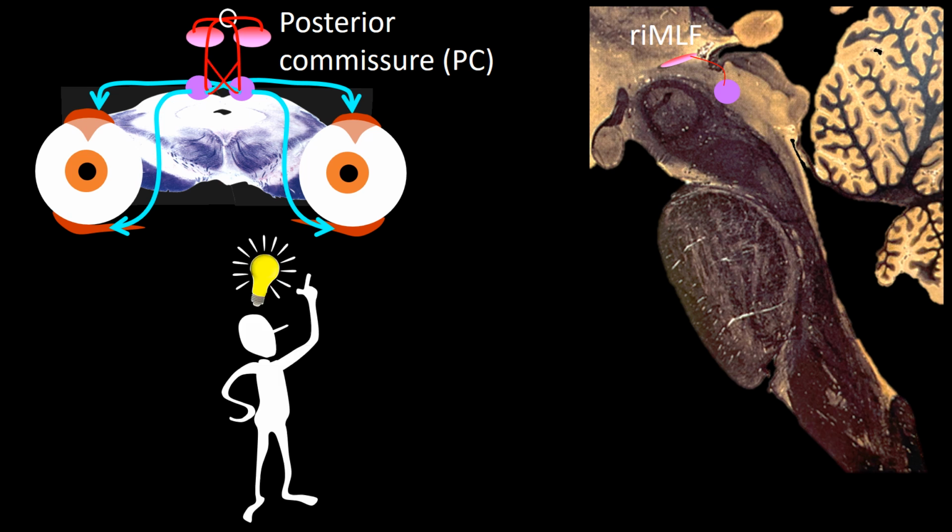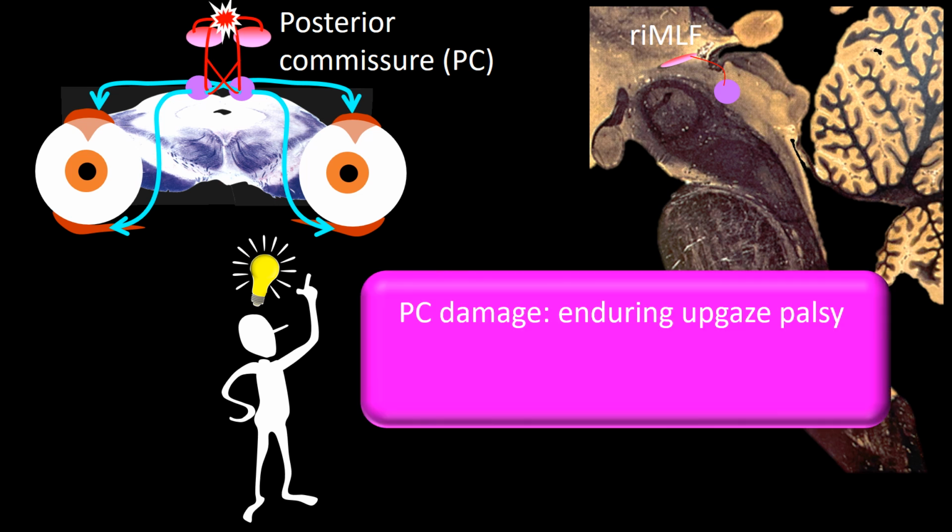The fibers of the rostral interstitial MLF nucleus decussate at the posterior commissure and after decussating innervate the contralateral and ipsilateral oculomotor nuclei.